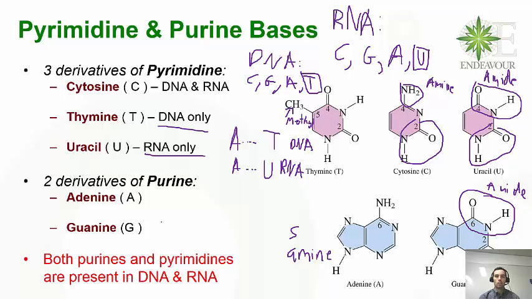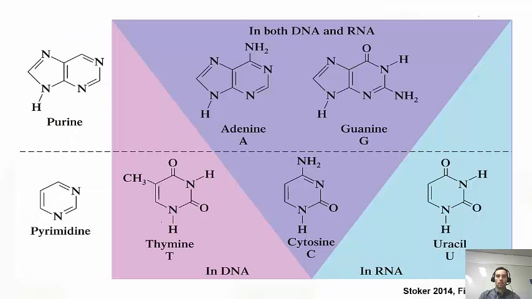Which are our nitrogen-containing bases that are within our RNA? It's cytosine, guanine, adenine, and uracil. So the difference between our DNA and our RNA is that the DNA contains thymine, whereas the RNA contains the uracil. So we can see that summarized in this slide here, showing which of our nitrogen-containing bases are the purines and also which ones are the pyrimidines.